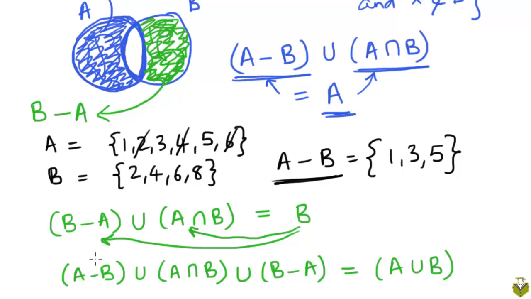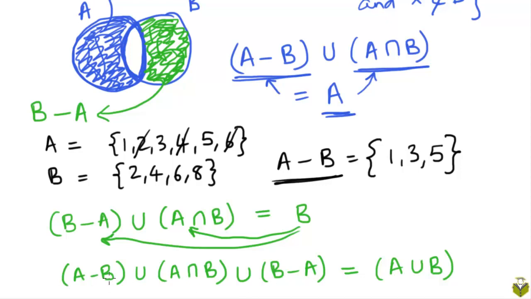In the first part we have elements that lie only in A but not in B. In the third part we have the elements which lie only in B but not in A. And in the second part we have elements that are common to A and B. And these three sets are also disjoint.